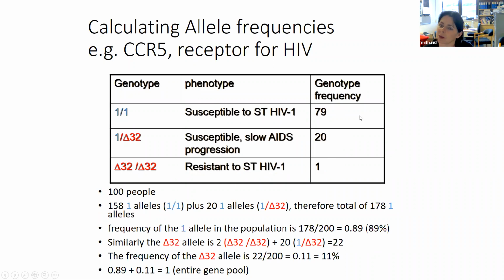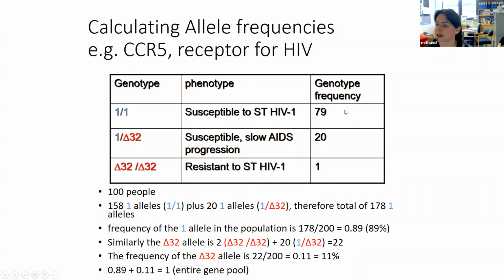Because we have a population of 100 people, that means we have 200 alleles, because we're talking about a gene on an autosome, so everybody has 2 alleles, one from mum and one from dad. To calculate allele frequencies, we count the alleles. First, for the frequency of allele 1, we have 158 1 alleles, because these individuals all have 2 copies of the 1 allele.